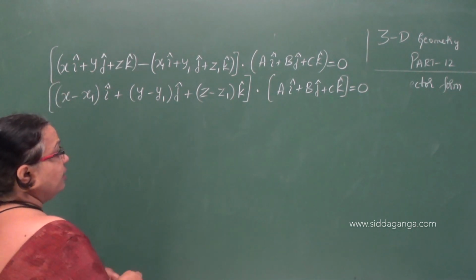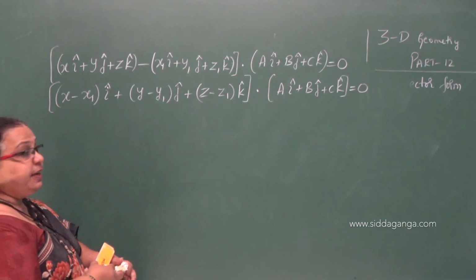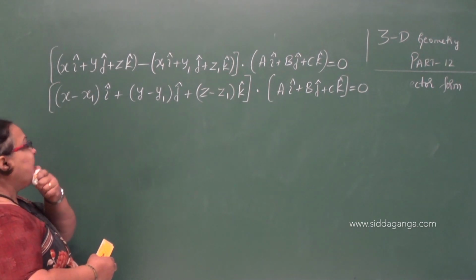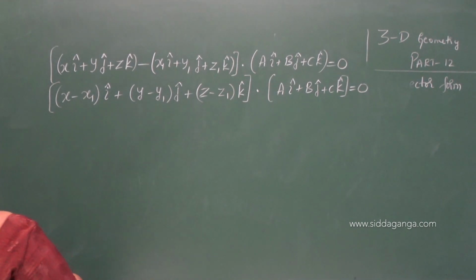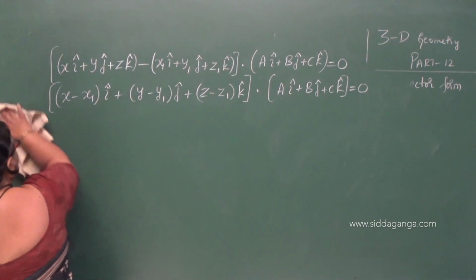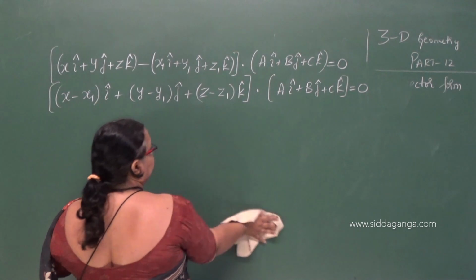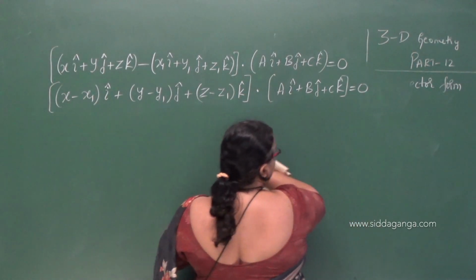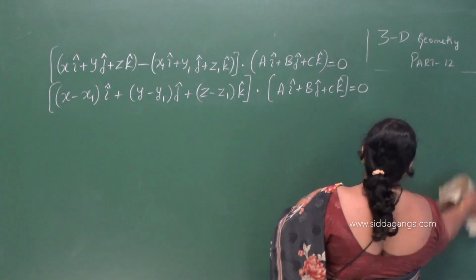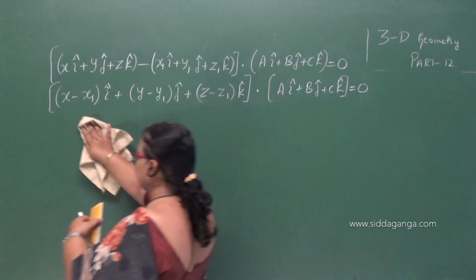Now for the dot product between the two vectors, we multiply the i components, likewise the j components, and the k components, and add them all. That is the dot product of the two vectors.